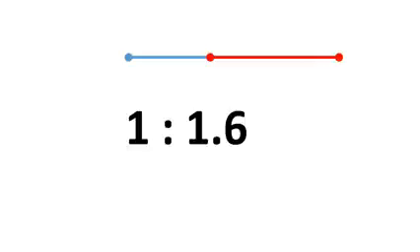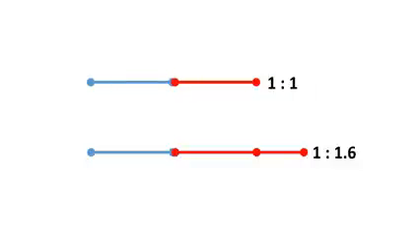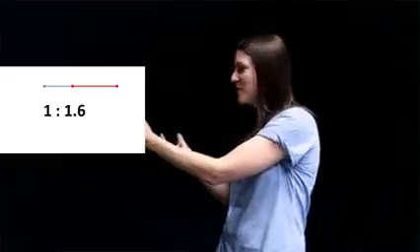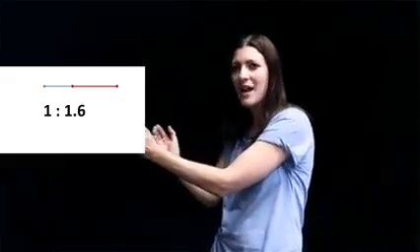Now, to help give you an idea of what a 1 to 1.6 ratio is, compare it to a 1 to 1 ratio. So to make a 1 to 1.6 ratio, you just envision a little more than half of the initial line added to the line of the other side. All right, so this ratio of 1 to 1.6, this is the ratio that's called the golden ratio.